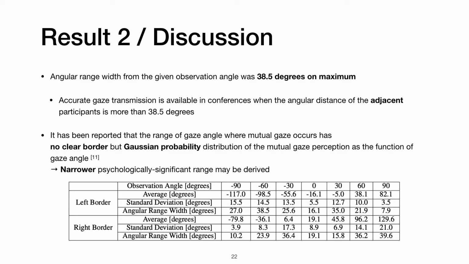So accurate gaze transmission is available in conferences when the angular distance between adjacent participants is more than 38.5 degrees. It has been reported that the range of gaze angle where mutual gaze occurs has no clear border and follows a Gaussian probability distribution, so a narrower psychologically significant range can be derived.